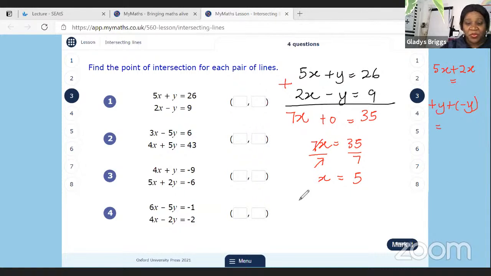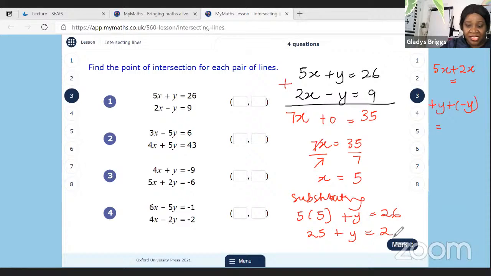So substituting, we have 5 times 5 plus y is equal to 26. 25 plus y is equal to 26. y equals 26 minus 25, which is equal to 1. So here we have x is equal to 5 and y is equal to 1.